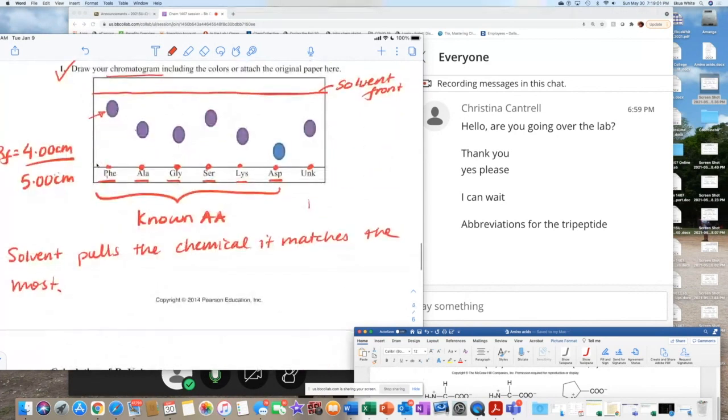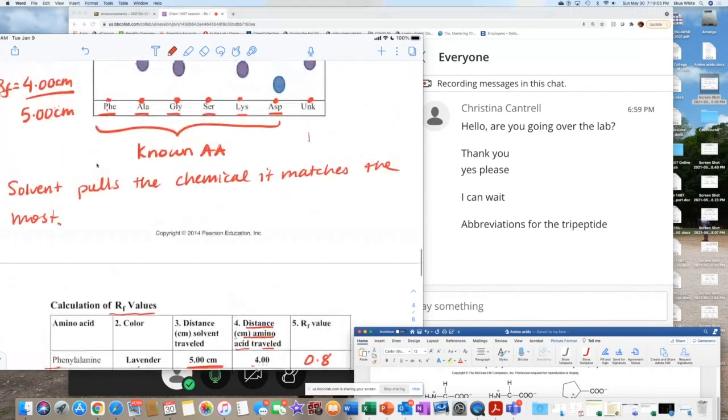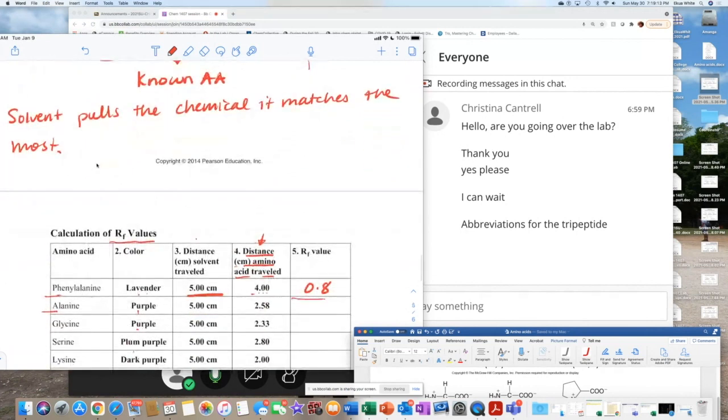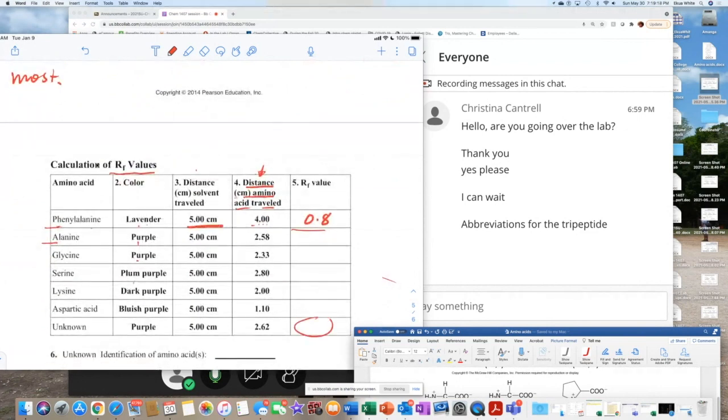So you try to figure out the RF value like I just did. Take the distance traveled by amino acid divided by distance traveled by solvent, and you get the RF value for each of those amino acids. You will compare your unknown with these 1, 2, 3, 4, 5, 6. With these 6, your unknown will be close, maybe not exact, but very close to one of those RF values.